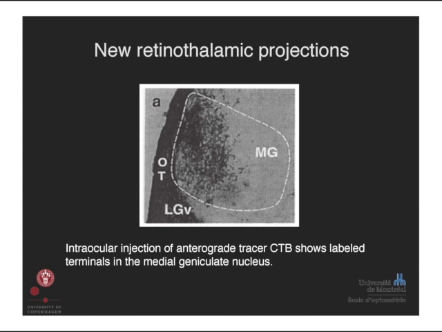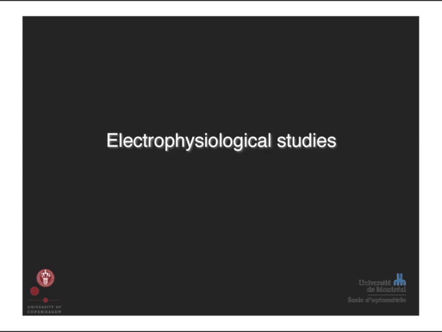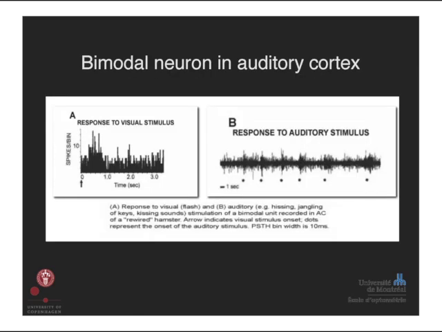So we put electrodes in the auditory cortex, and we presented flashes to the animal. Then you see a visual response. In the same cell, we presented various sounds, and you could see that for each cell there is a response. This is what we call bimodal cells, and most of the cells in the auditory cortex become bimodal.